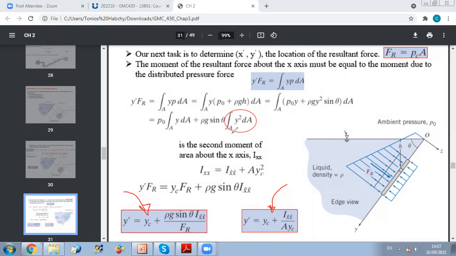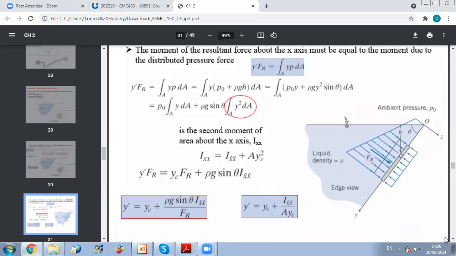Okay, and now we have found the location along y, but still, as we said, we should also ensure the same moment, not only about the x-axis, but also about the y-axis. So now I repeat the same procedure to find the distance to displace the force along x.